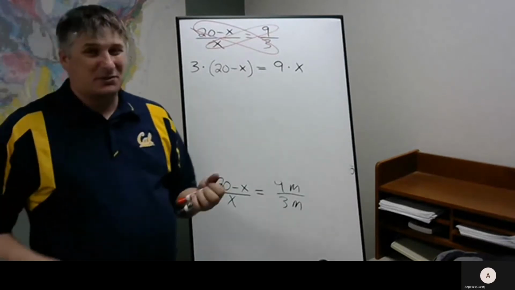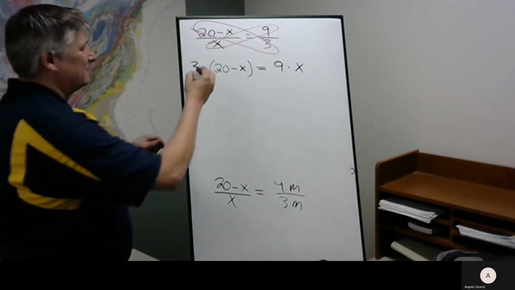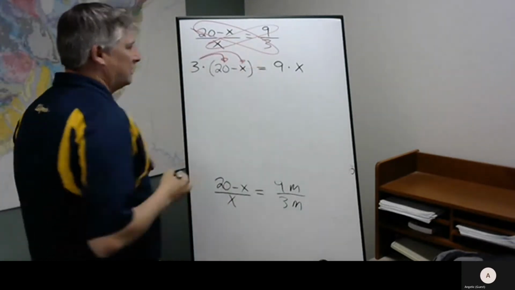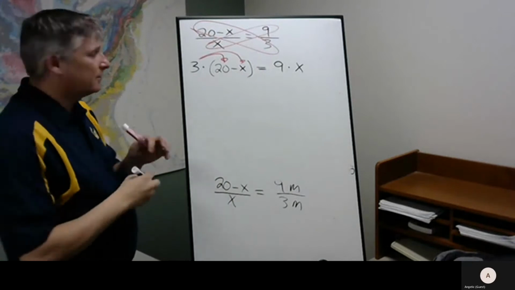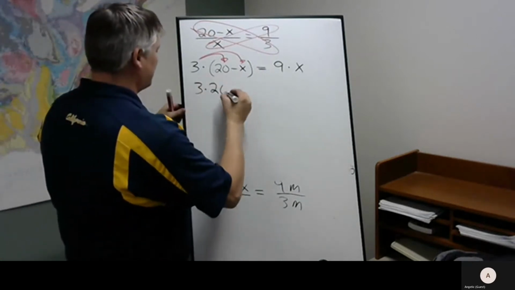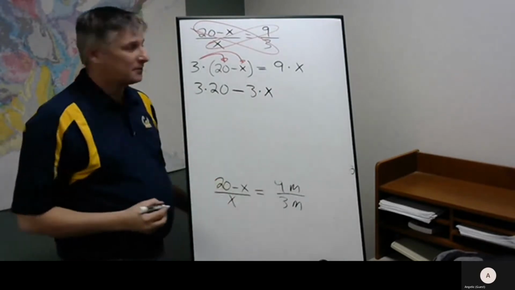Now, this is something called distribution, and we'll talk about it again in that algebra section. But you take the 3, you're going to multiply it or distribute it to the 20 and the x.